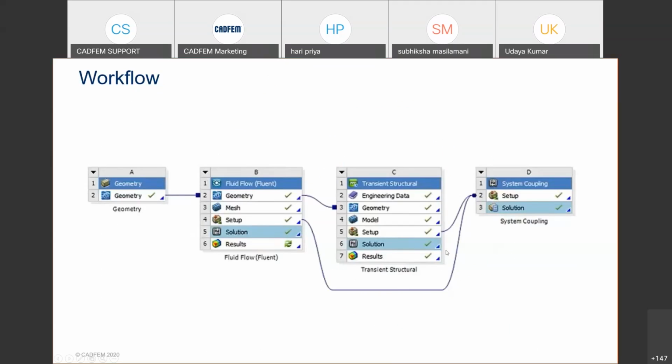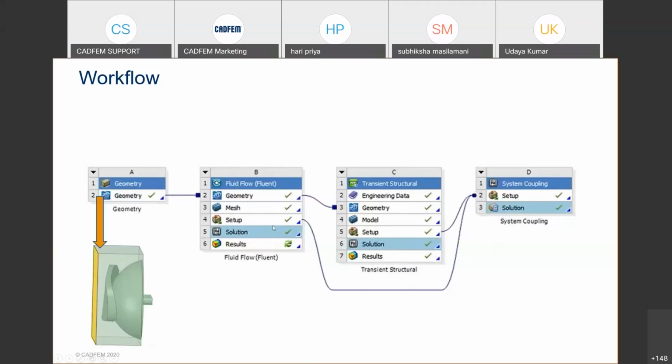Then coming to the structure part, your model is all solid, but you want to map the pressures to the structure. Mapping results between different physics is something that is missing in other simulation tools, but it's very easy in ANSYS. It's just drag and drop. You can connect them so that the results are carried forward between the two physics.